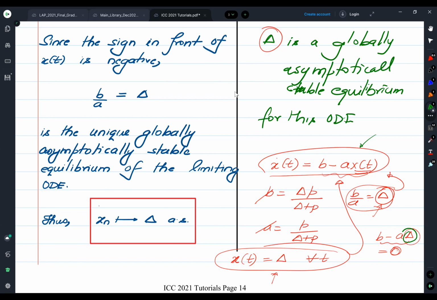So I would like to emphasize two things. When you talk of convergence rates, there are two parts. One is the constants in the convergence rates, and one is the order at which the error decays. The order at which the error decays doesn't depend on P. However, the constants in the convergence rate do depend on P. The order at which the error decreases usually depends on the step size.